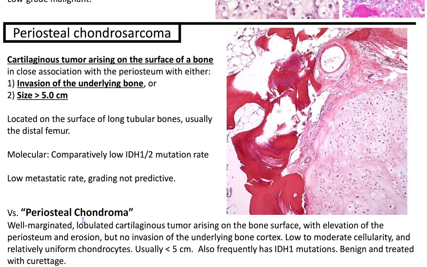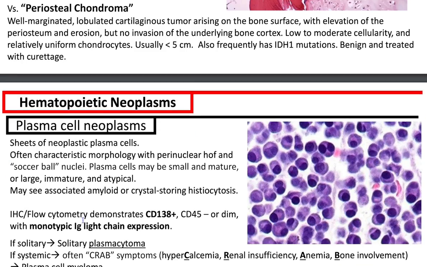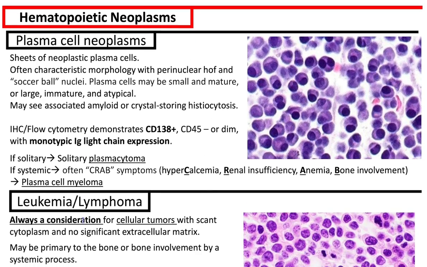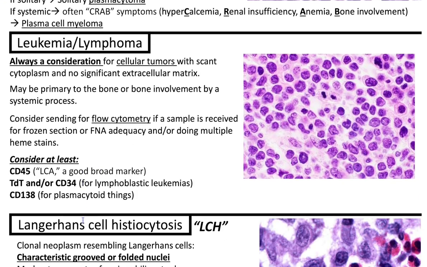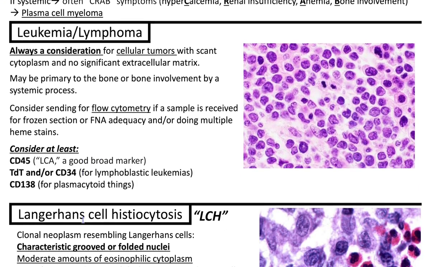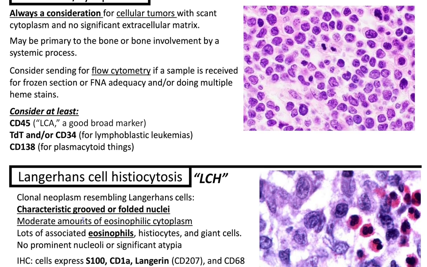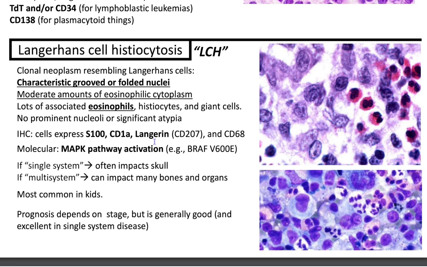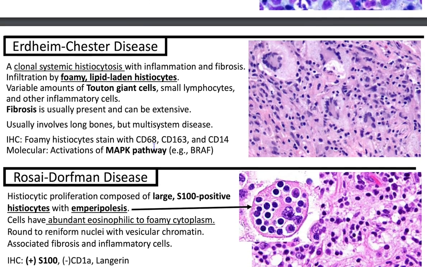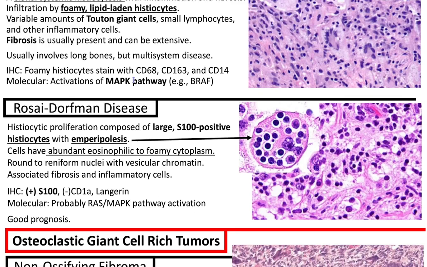Otherwise, think about periosteal chondroma. Think about your hematopoietic neoplasms, like your plasma cell neoplasms, leukemia and lymphoma. Get your CD45, TdT, and/or CD34, as well as CD138. Langerhans cell histiocytosis, get that CD1a, langerin. Erdheim-Chester, also a histiocytic disease. You can have variable amounts of Touton giant cells with foamy lipid-laden histiocytes.